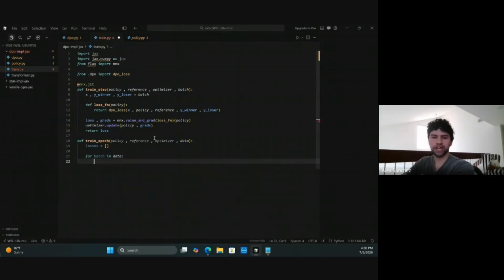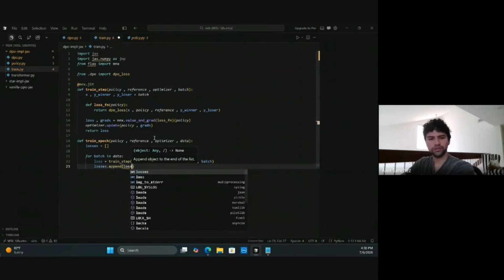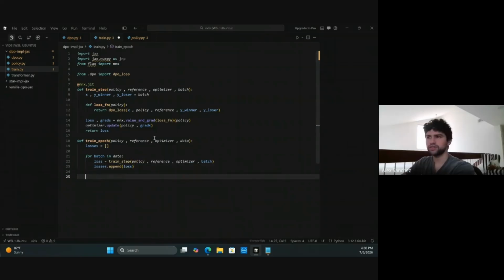For each batch in the data, we collect the loss with the policy, reference, optimizer, and batch, and we just append this to losses, and we just return losses. Again, this is so simple. This is basically the whole training loop.